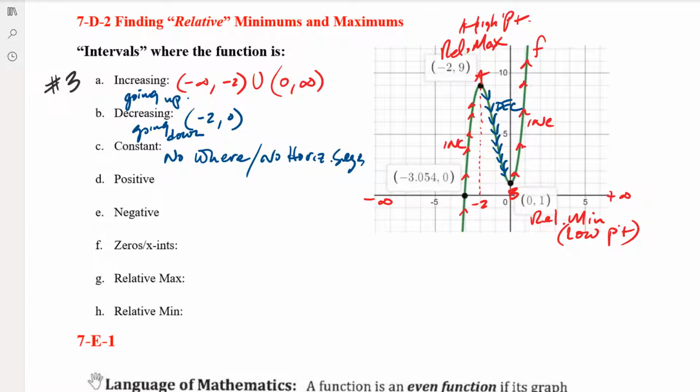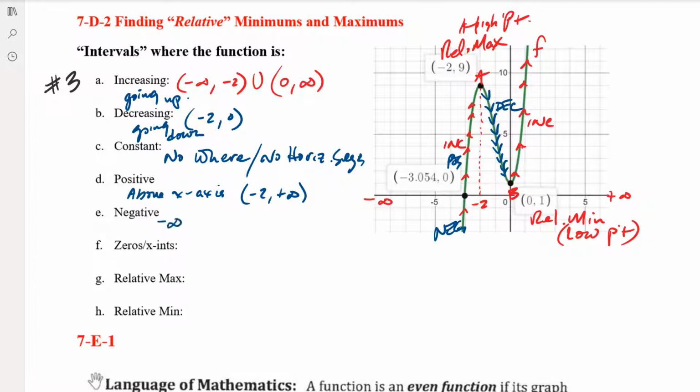Now it is positive to the right of negative 2 because it's above the x-axis. So above the x-axis here, from negative 2 to infinity. It's below the x-axis, negative down here, and positive up here, right? So from negative infinity to negative 2, it's negative.